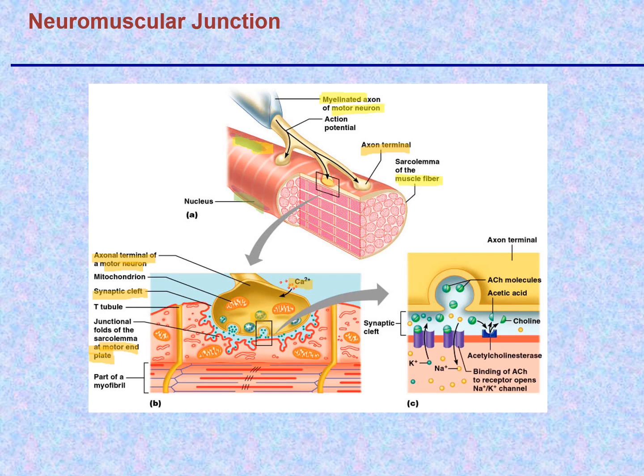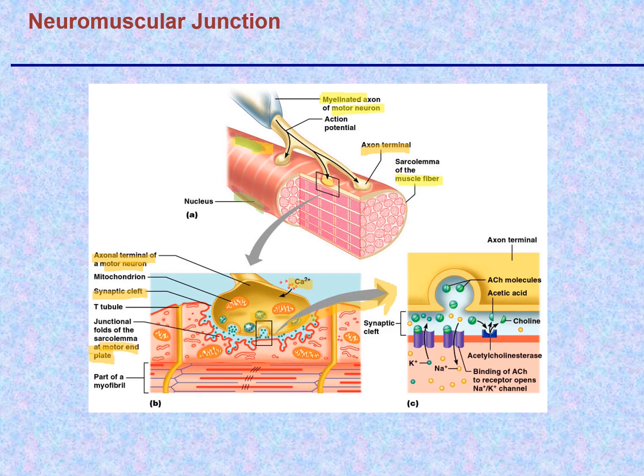At a higher magnification shown here, you see the synaptic vesicle fusing with the membrane, the acetylcholine molecules diffusing across and binding to channels, in this case sodium channels and also potassium channels.